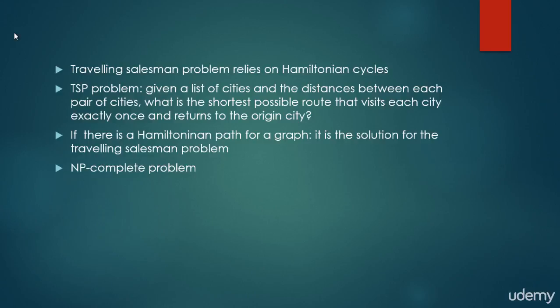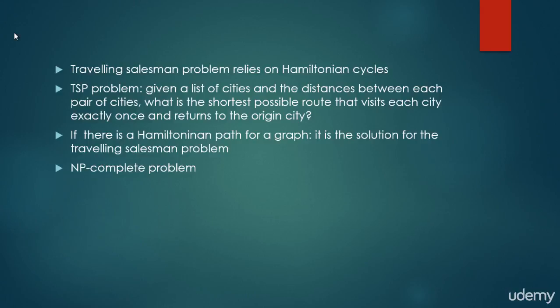What is the shortest possible route that visits each city exactly once and returns to the origin city? We can come to the conclusion that if there is a Hamiltonian cycle for a graph, because we want to get back to where we started, it is the solution for the traveling salesman problem.